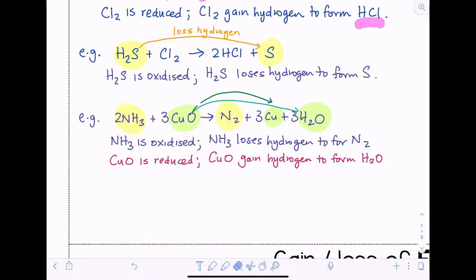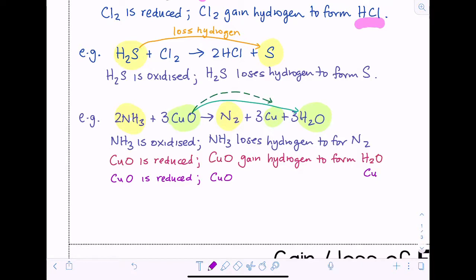Now this dotted line that you see here points from CuO to Cu. If you have guessed, and you are right, you will notice that the copper also shows evidence that it is reduced, but in a different context. Here you see that CuO actually becomes Cu.